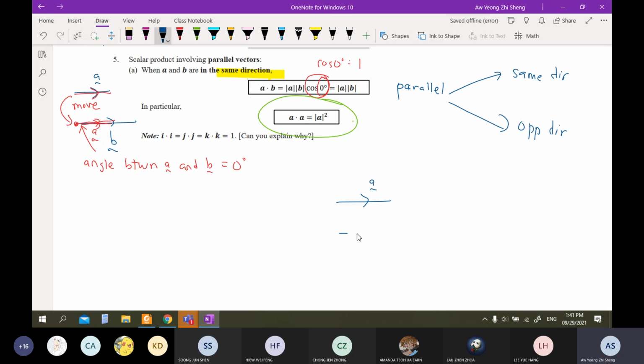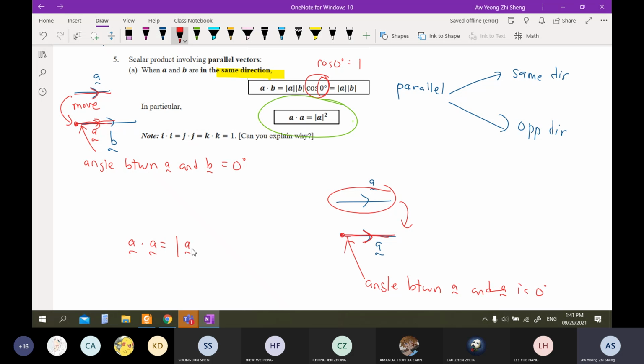If this is A, then of course, if I draw A one more time, it will look exactly the same. Same direction and same length. Now, what if I move my first A to the second, such that they are diverging? Then I will have exactly two lines overlapping each other. And so what's the angle between my first A and my second A? Of course, angle between them is 0. So if you have A dot A, according to the alternative formula, you have length of A times length of A times cos of the angle between them.